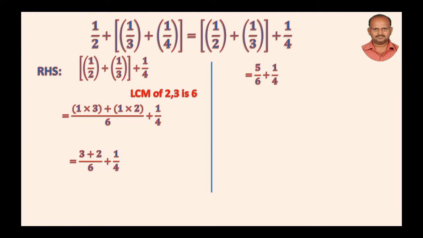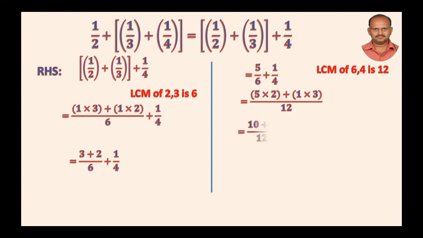Here LCM of 6 comma 4 is 12, 5 into 2 plus 1 into 3 upon 12, 10 plus 3 by 12, that is equal to 13 by 12.